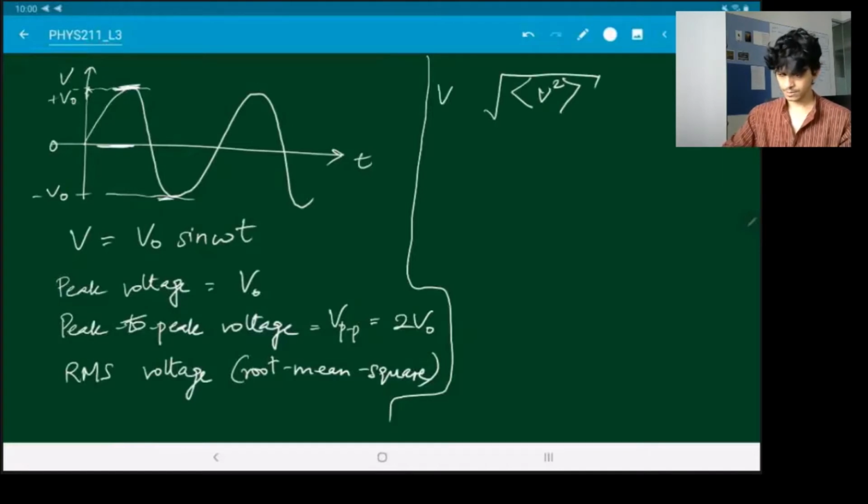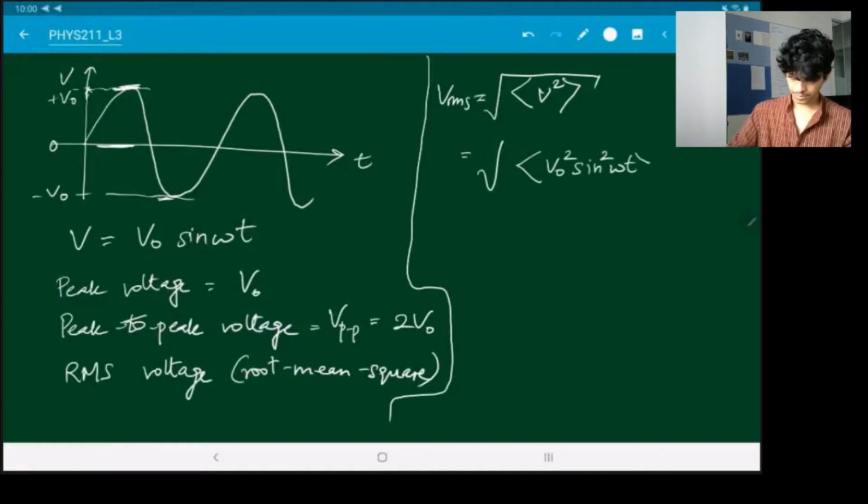So this is the RMS voltage. Let's calculate this for this particular sine wave that we have over here. So this is square root of the average value of V0 square sine square omega t.